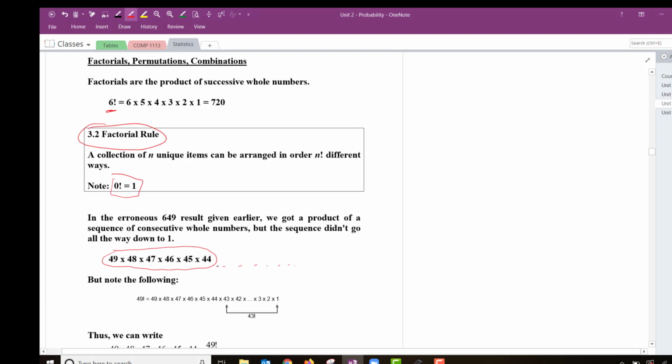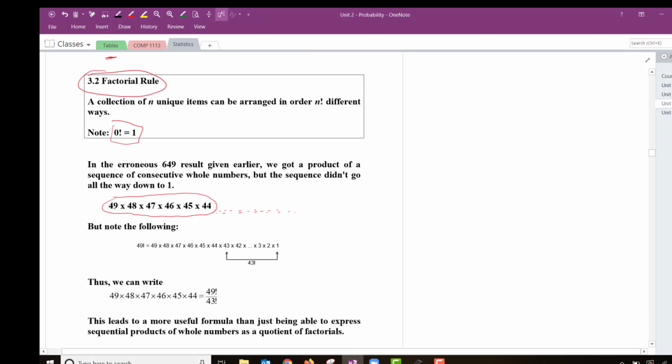So we need to find a way to express this. How do we get rid of the values we don't want? Well, what we can do is basically work on cancellation here. 49 factorial is 49, 48, 47, 46, 45, 44 times 43 factorial. Maybe I could write that.